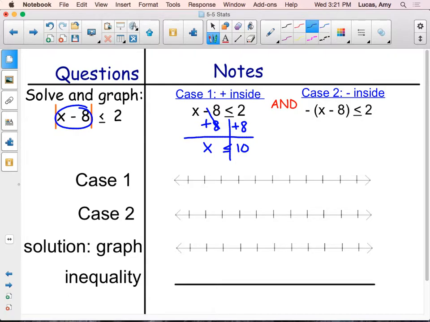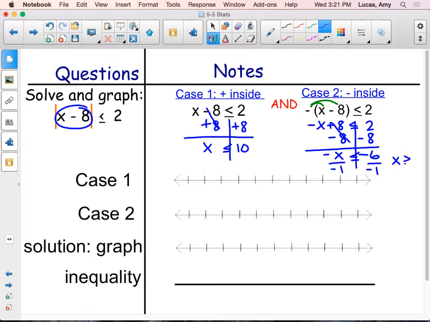You can distribute the negative sign, like this, so it'd be -x plus 8, and then solve it. Or you could divide by that negative that's in front of the parentheses. You could divide by it right away. So I'll show you that on the next example. Make sure you divide by that -1 and flip your symbol so x is greater than or equal to 6. Okay, so first of all I need 6 to 10 on my number lines.